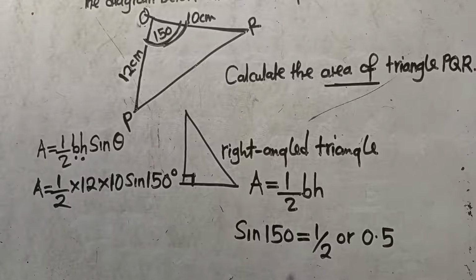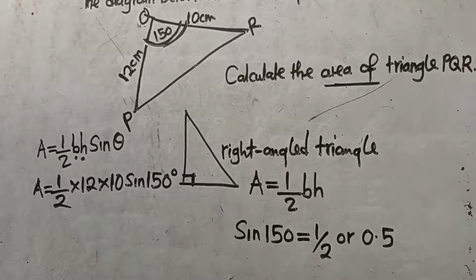This one is a special angle, and it is only this one that comes in an exam. Don't say, what if they bring sine 110, what if they bring sine what and what? This one, 150, is the commonly used special angle. They will just tell you sine 150, and it always comes like this.